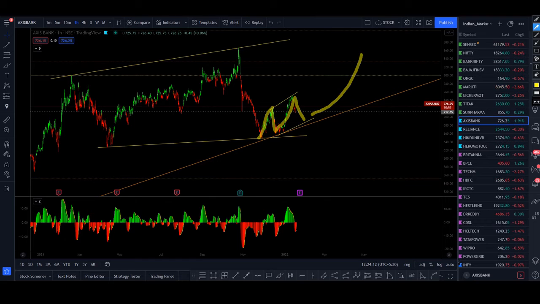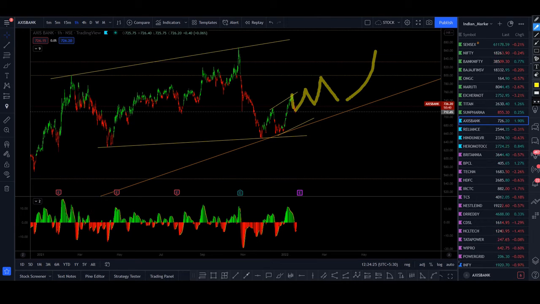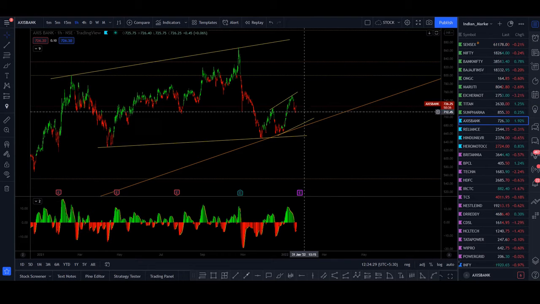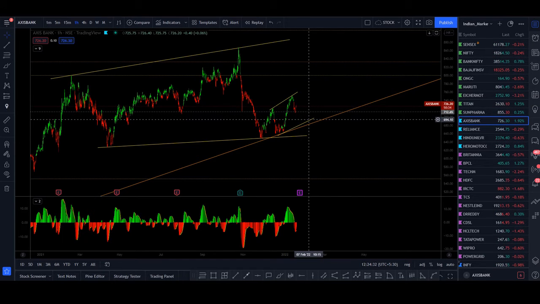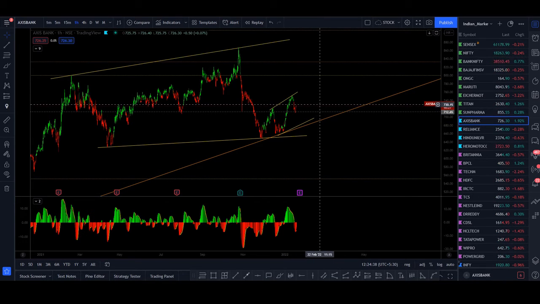So the correction can happen here, or it can actually continue some more, like let's say this, they can go here, then do a correction and then go up. It can do either way. So it's our risk appetite to see if you want to enter here or wait for the correction to complete if possible, and then take the trade.